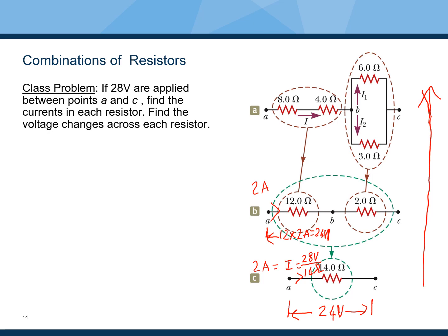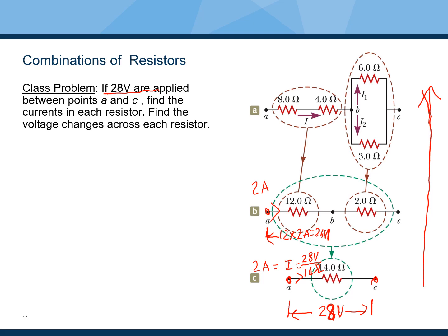Now, between points A and C, we have 28 volts. I'm sorry, I originally put 20, I should have put 28 across the points A and C. Okay, so sorry for that misconception. It's actually given out here, and I hope you picked up from there. So we actually have 28 volts divided by 14 ohms through points A and C in this part C out here. Therefore, we have 2 amps flowing through this point and this point in part B out here.